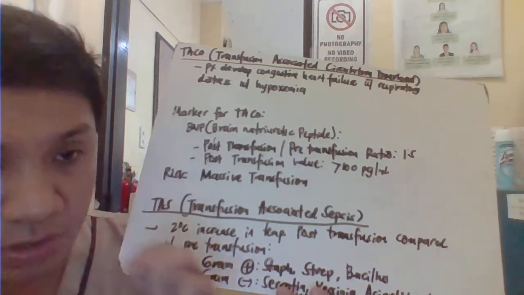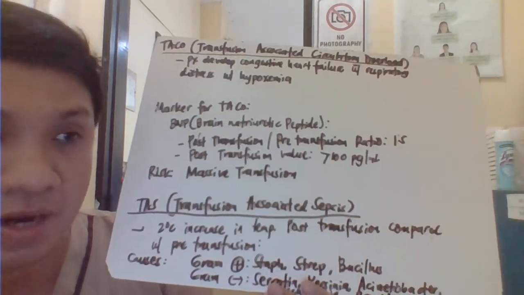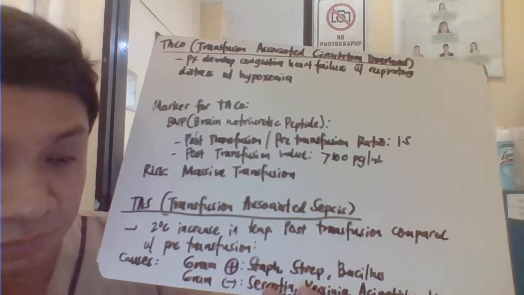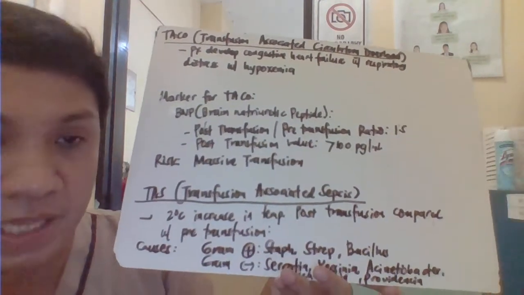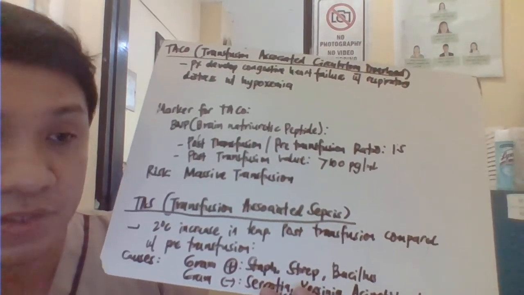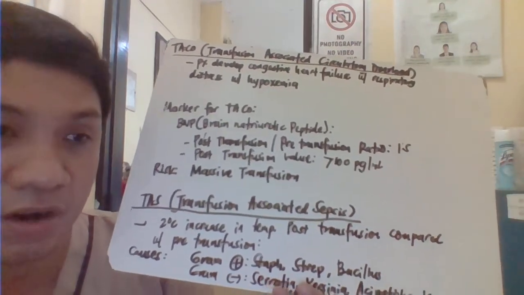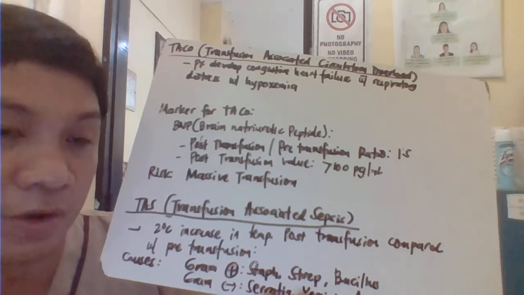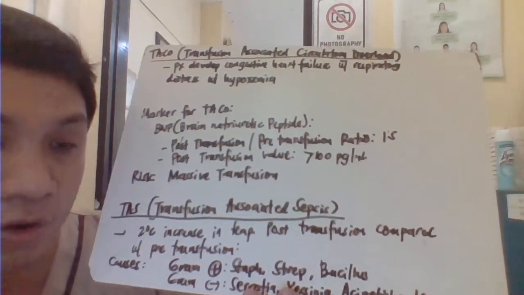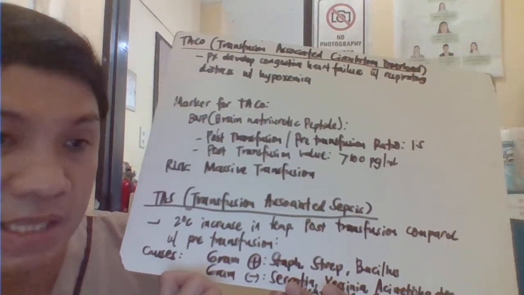The test that would help us diagnose TACO is the brain natriuretic peptide. A ratio of post-transfusion versus pre-transfusion of 1.5, or a concentration after transfusion of 100 picogram per ml, signifies transfusion-associated circulatory overload.